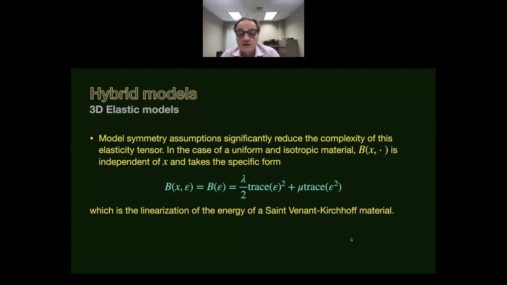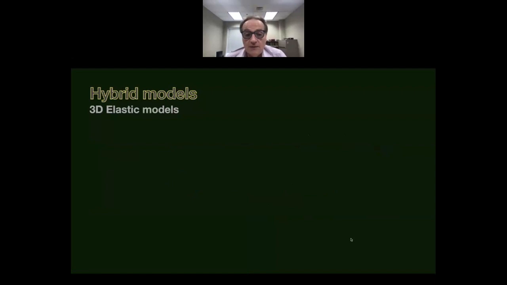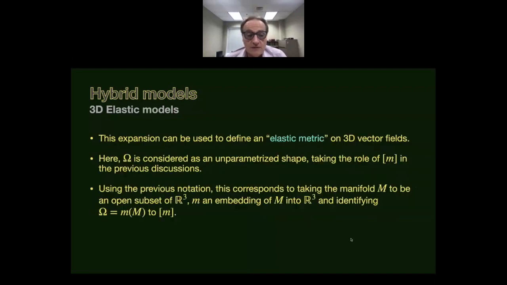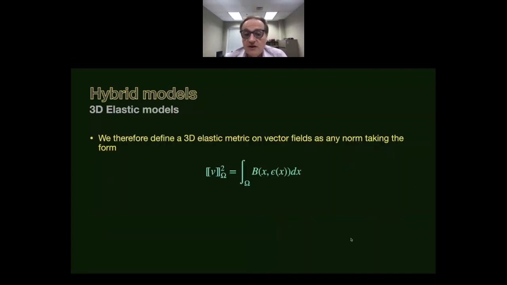What I'm interested in here is that this gives me an expression that depends on V, a quadratic form in the Eulerian velocity. And so this expression is just going to be, as written here, the extra term that will complete the norm in this hybrid model.